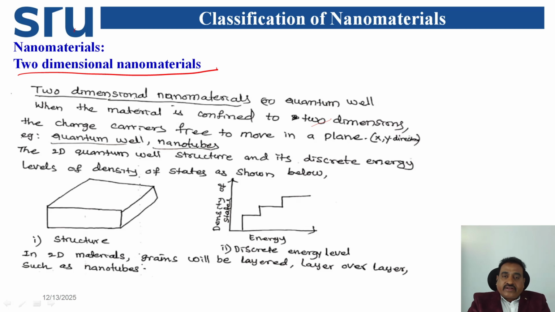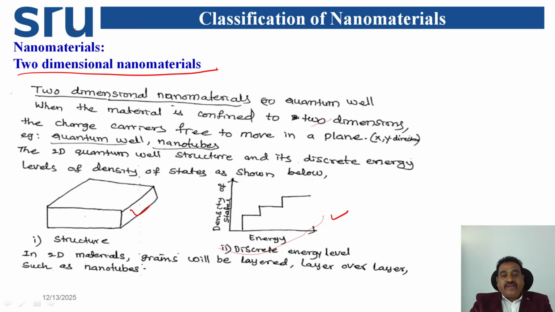Example, quantum well nanotubes. The two dimensional quantum well structure and its discrete energy levels of density of states. This is the structure, this is the discrete energy level we can observe here.